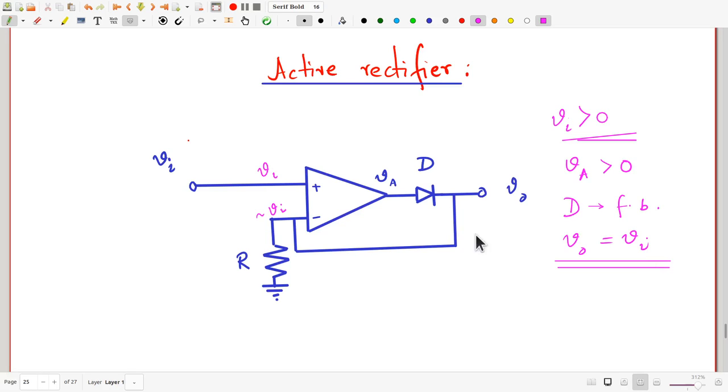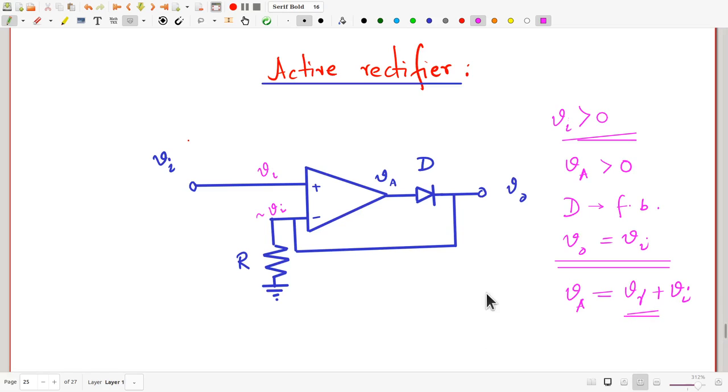Note that this will happen even if Vi is tiny. Vi does not have to exceed V gamma, or the cut-in voltage of the diode, for this to happen, because even a tiny Vi will be amplified by the amplifier to produce a substantial Va here. In fact, now that we know that Vo is equal to Vi, we can go back and figure out that the voltage which the op-amp actually puts out, not the voltage output for the circuit, but the voltage output for the op-amp, is going to be V gamma plus Vi.